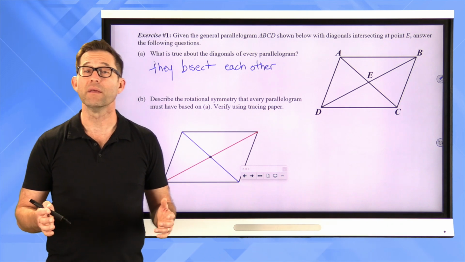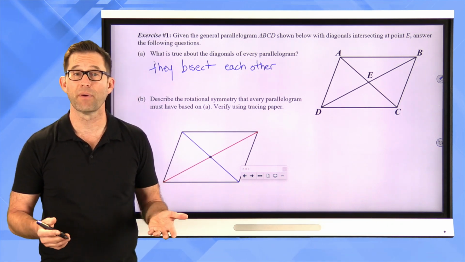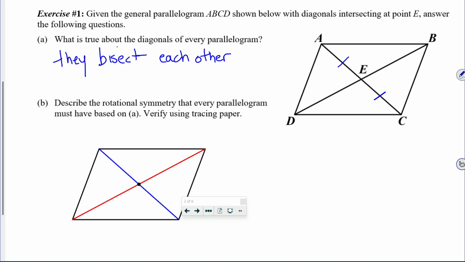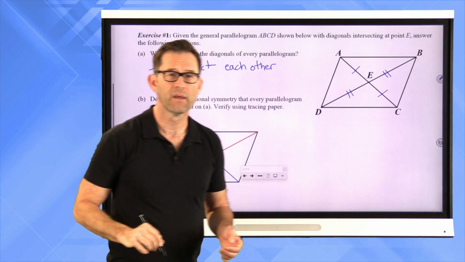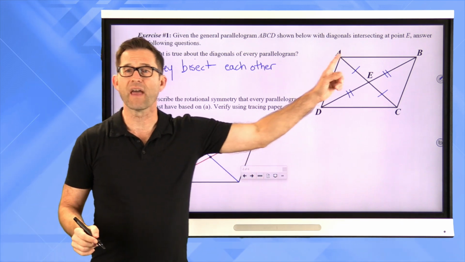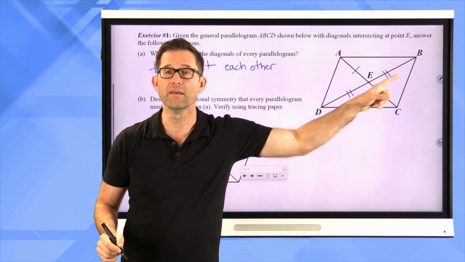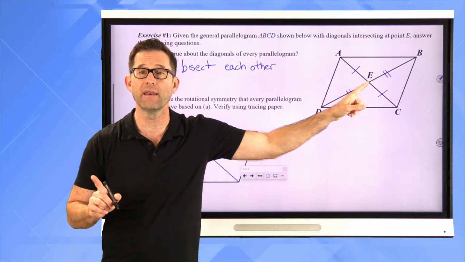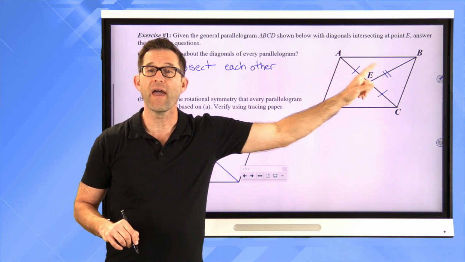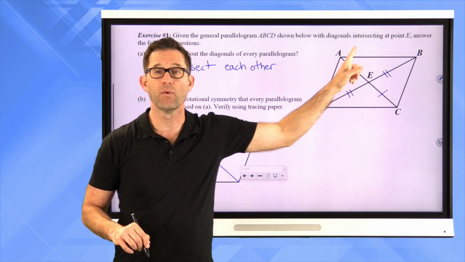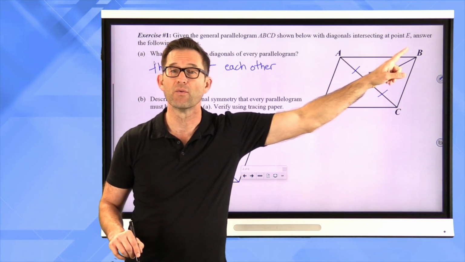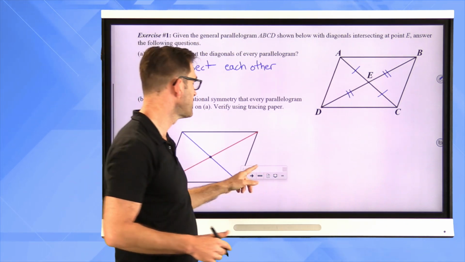Well, keep in mind what it means for two line segments to bisect each other. What that means on the diagram is that AE would be congruent to CE and DE would be congruent to BE. Now, because A, E, and C are collinear and B, E, and D are collinear, if I rotate this entire figure by 180 degrees about point E, then A will end up mapping to C, C will map to A, B will map to D, and D will map to B. So it will get mapped onto itself.